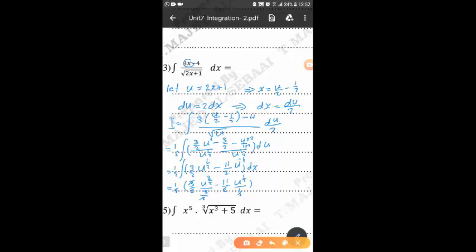So the final answer is going to be the bracket: square root of 2x plus 1, 3 over 2 x plus 1, minus 11 root 2x plus 1, plus c. There was enough space, but okay.